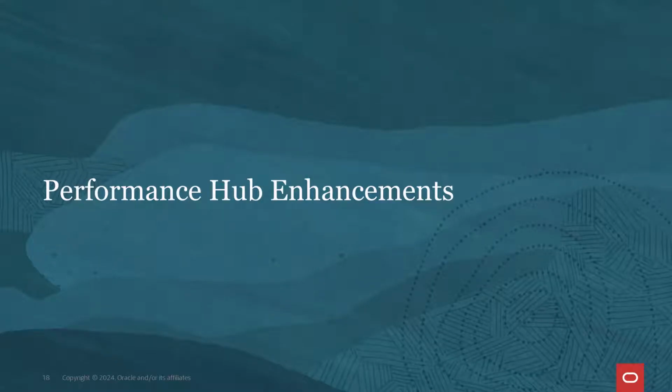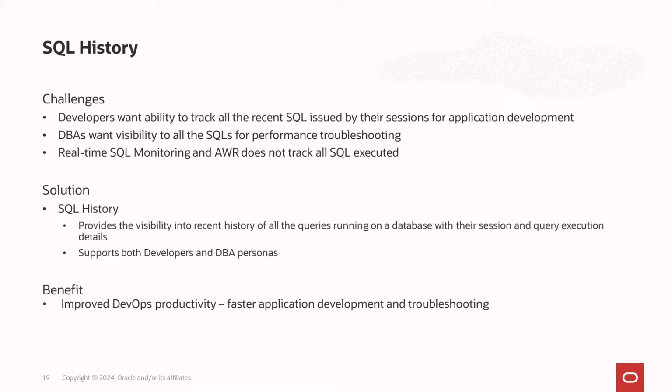Let's now move on to the latest enhancements in Performance Hub, specifically the new SQL History and ADDM tabs, introduced to provide DBAs and developers with a comprehensive view of SQL performance and diagnostics. SQL History. Prior to Oracle Database 23 AI Free Edition, DBAs and developers could only track SQL statements that exceeded specific thresholds, such as those captured by SQL monitoring.